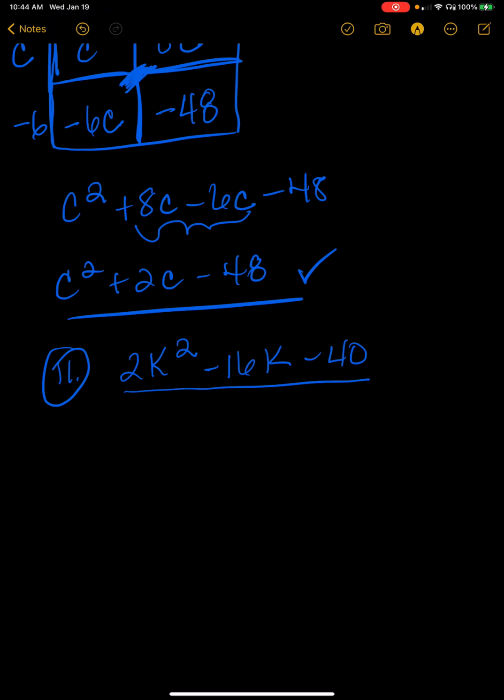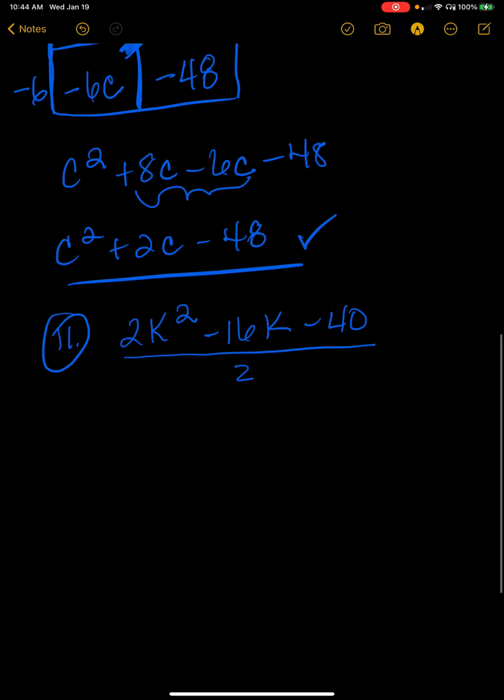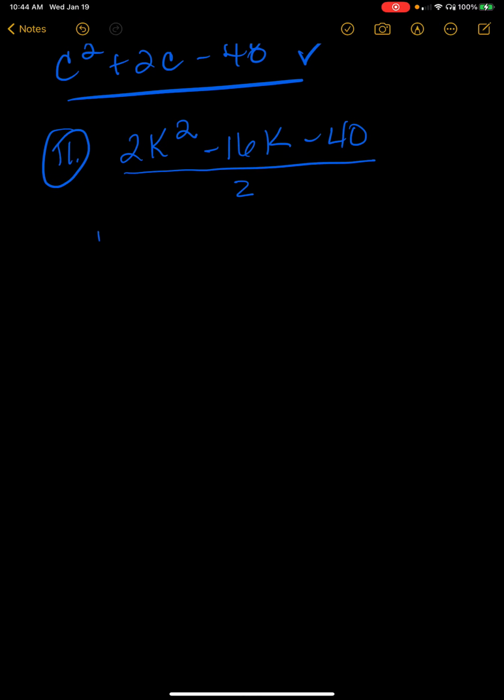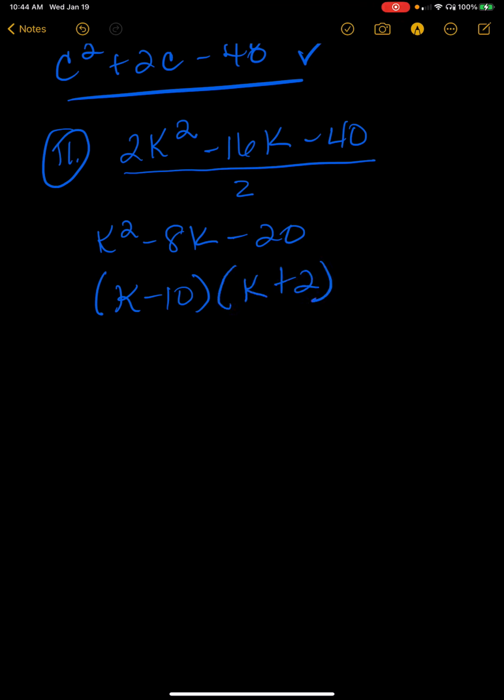And we factored out a 2, so we divided each term by 2. That gave us k squared minus 8k minus 20, which we said the factors were k minus 10 times k plus 2. And we're going to test that by putting it in our area model.